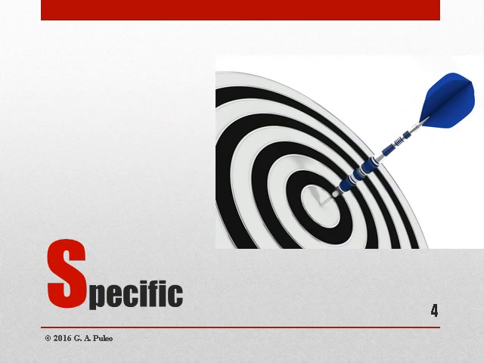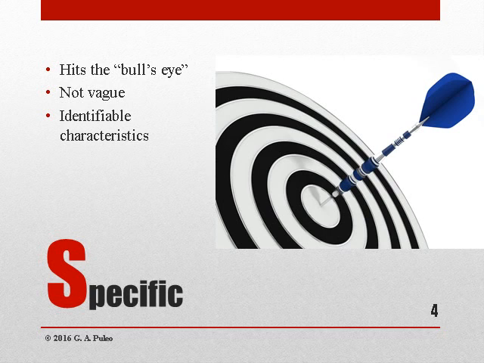So let's start with the S for specific. A specific goal is something that hits the bullseye. It's not vague, so you know exactly what it is that you're after. The way that you do this is to identify the characteristics of the success that you are striving for.